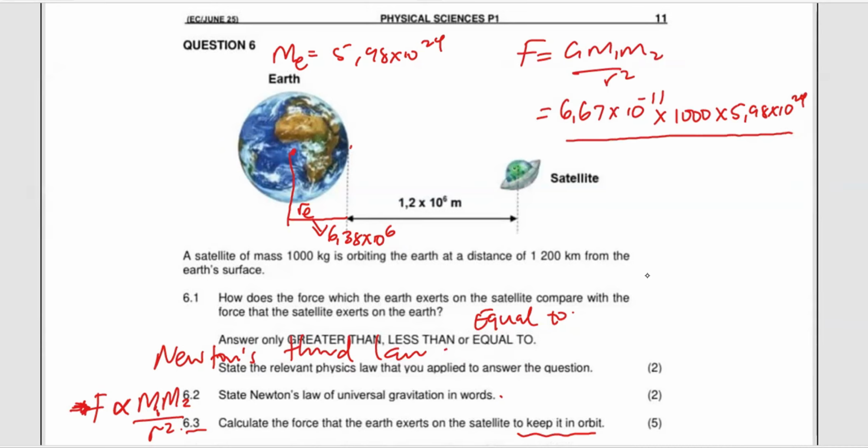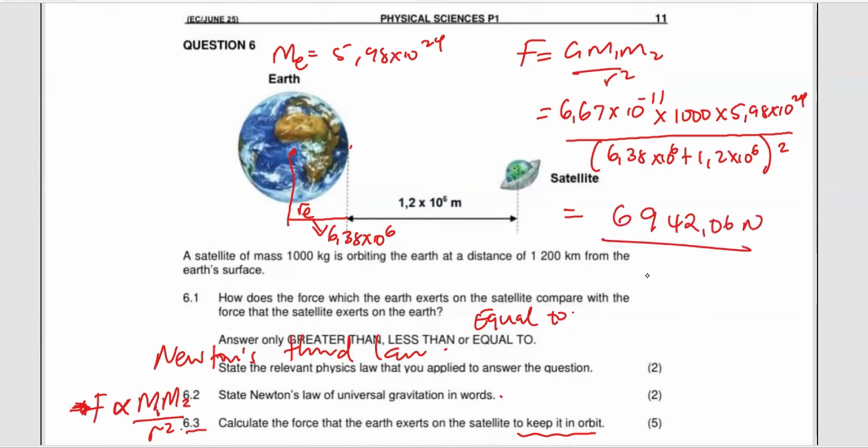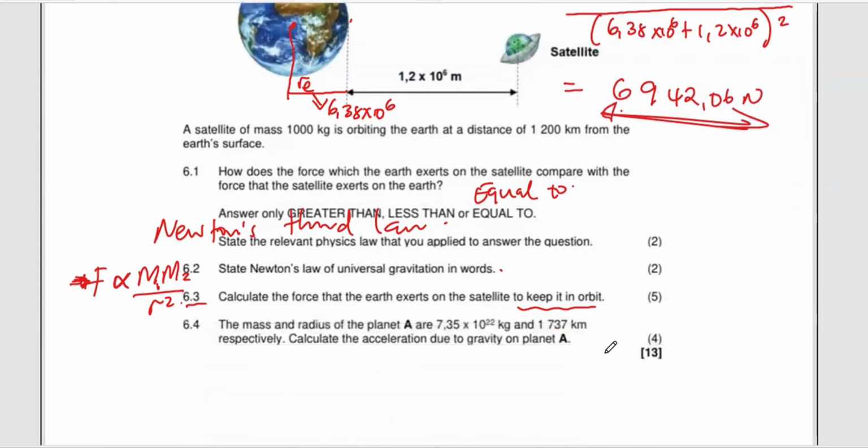For the radius, we have to add, so we're going to have 6.38 times 10 to the 6 plus 1.2 times 10 to the 6. Everything needs to be squared. So when you punch this into the calculator, I'm ending up with 6942.06 newtons. Okay, so that is the force that I would have obtained.